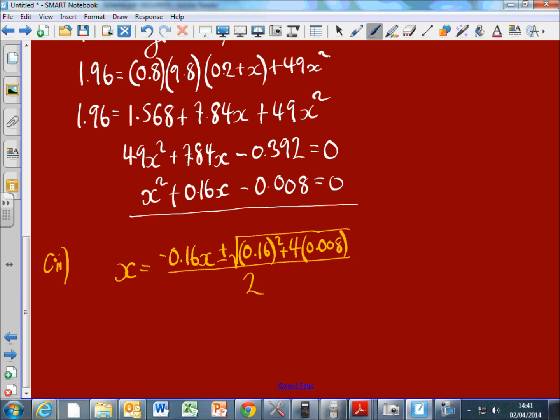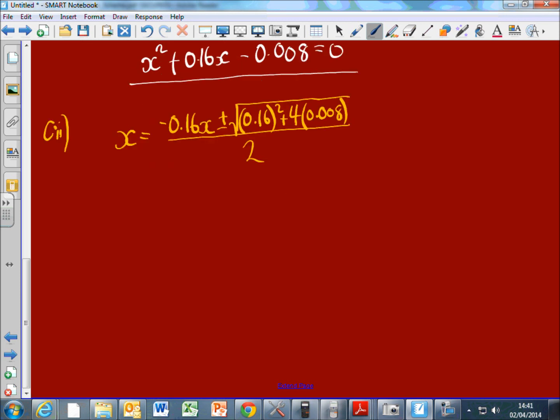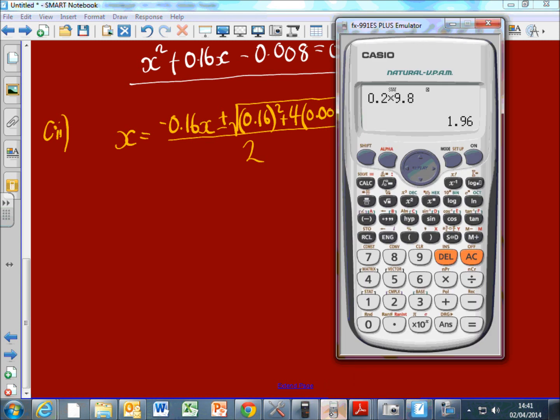And you can work all that out, or if you're very lucky, you might have one of these nice calculators, and there is a way you can do it on here. So you go to mode, you go to equation, you pick the quadratic, which is option 3, and you put in your values of a, b and c.